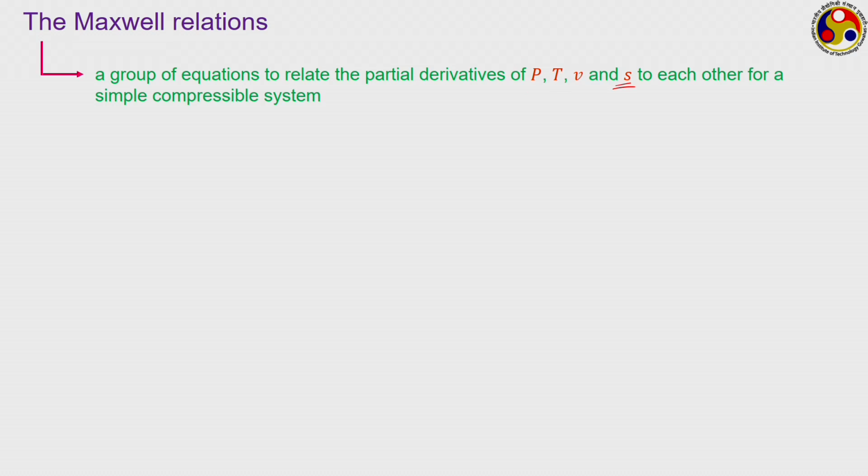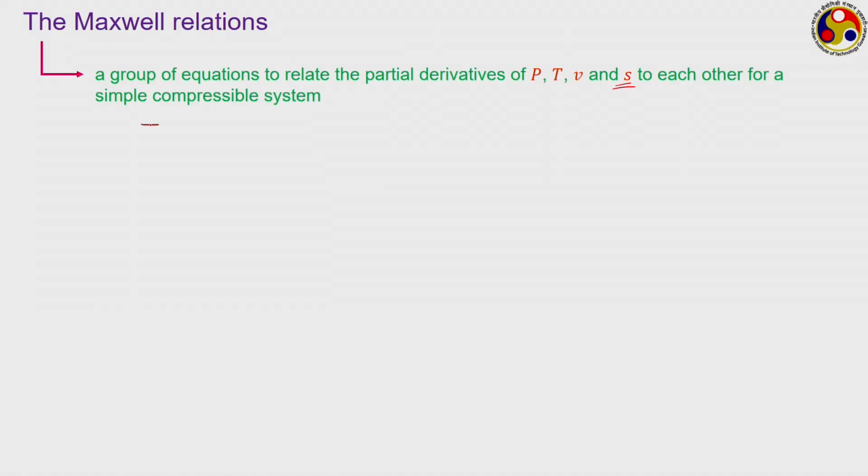And to develop the Maxwell's relations, there will be four equations that we are going to develop. We have to make use of the four thermodynamic potentials that I mentioned in the previous slide. Now, what was the first thermodynamic potential? That was U. Now, I would like to take you back to the third lecture of this course, where we developed a couple of TDS relations. Do you remember those TDS relations, or so-called Gibbs equations? I hope you remember.